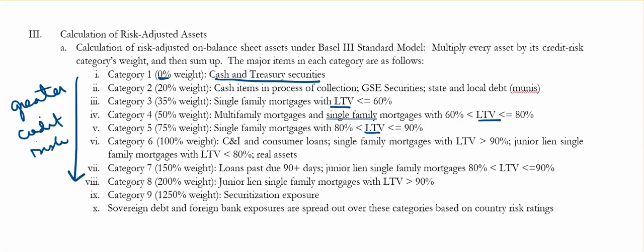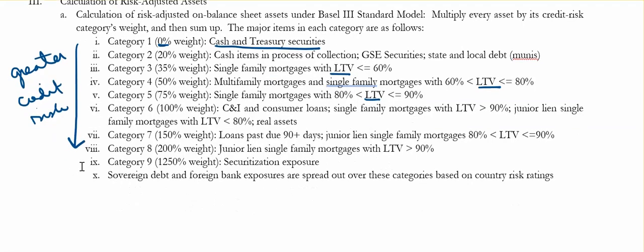And then we have business loans, and then we have loans that are past due, junior lien. These are the ones that get paid second after a primary lien, and ultimately securitization exposure. And then there are ways to weight lending in different countries based on the perceived risk of business in different countries.